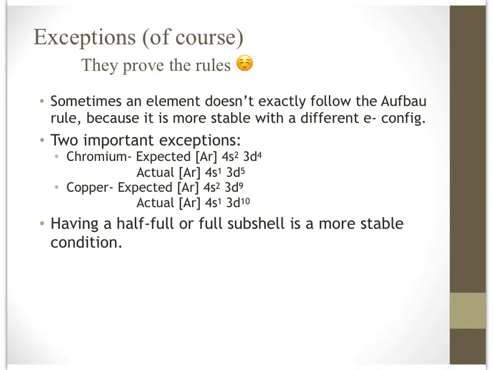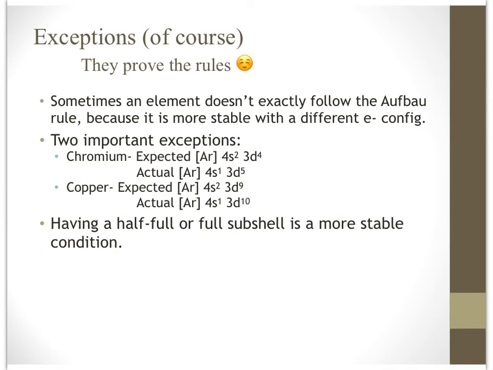Half full and full subshells, especially with the bigger shells like d or f, are more stable than having a full s and an almost full d or an almost half full d. So electrons will get sort of moved around just a little bit if they're close to having these half full or full subshell conditions.